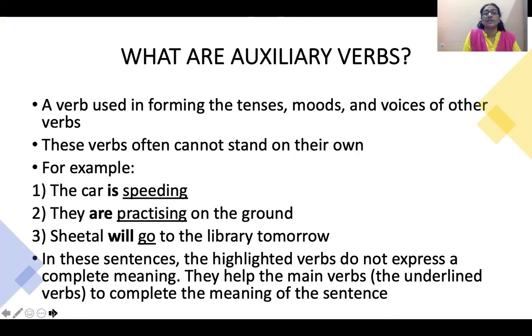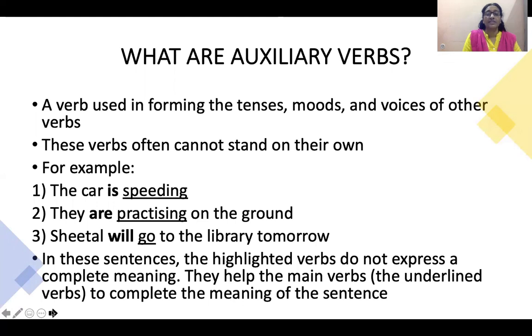What are auxiliary verbs? A verb used in forming the tenses, moods, and voices of other verbs is called an auxiliary verb. These verbs often cannot stand on their own. For example, the car is speeding.